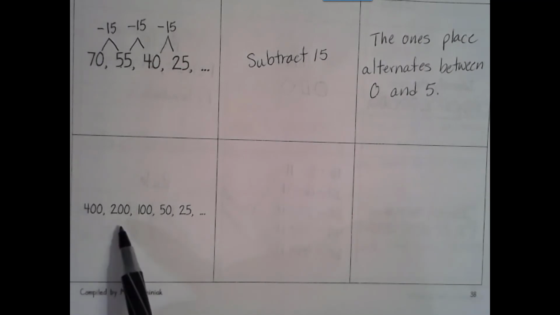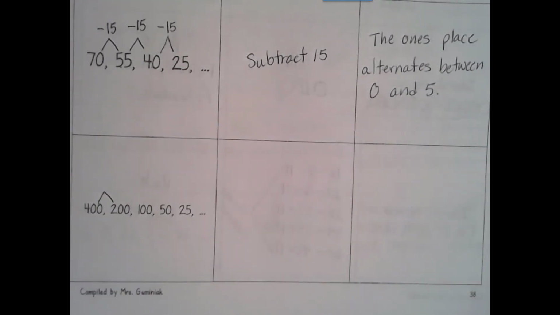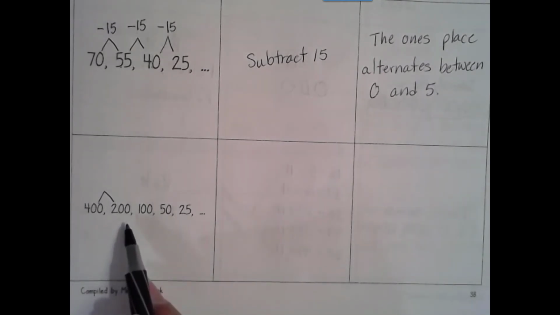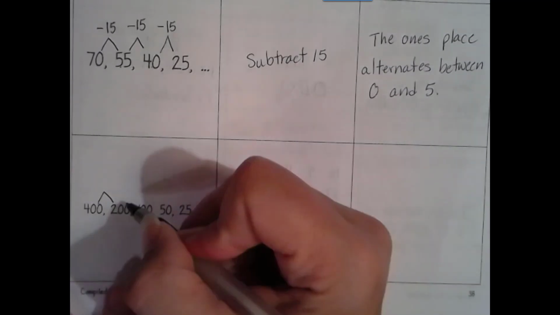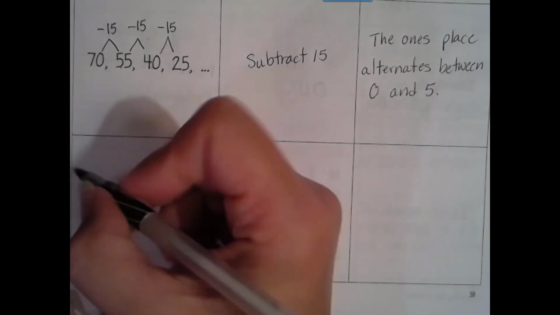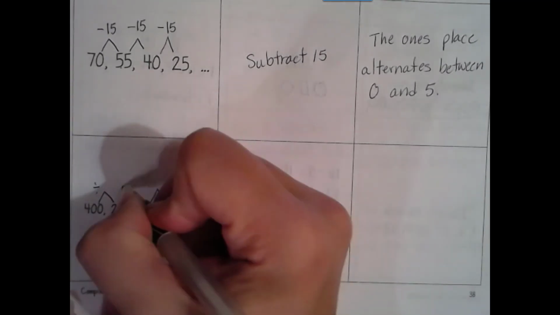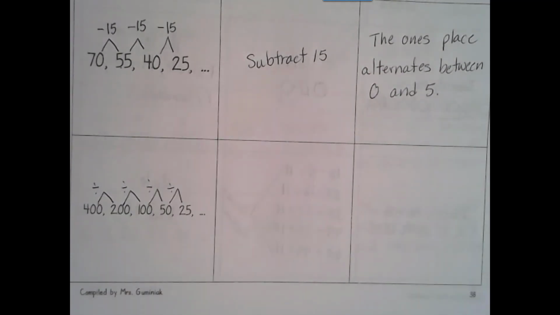All right, this pattern is decreasing, but it looks like it's decreasing pretty quickly, more than subtraction. Because to go from 400 to 200, I'd have to subtract 200. Well, 200 take away 200 is 0, not 100. So it looks like, since it's decreasing, I'm going to be dividing instead of subtracting. This is not an arithmetic pattern here.